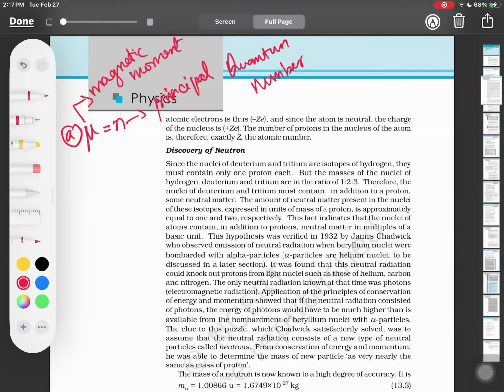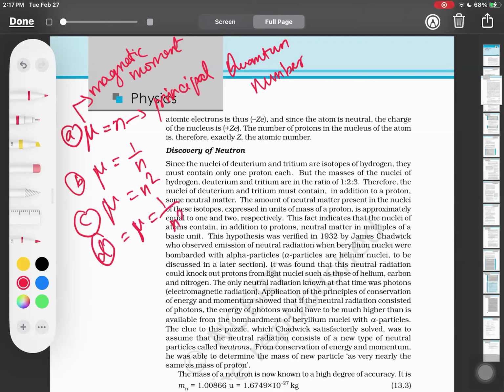How are these two related? That is the question. The second option is mu equal to 1 by n, the third option mu is equal to n square, and the fourth option mu is equal to 1 by n square.